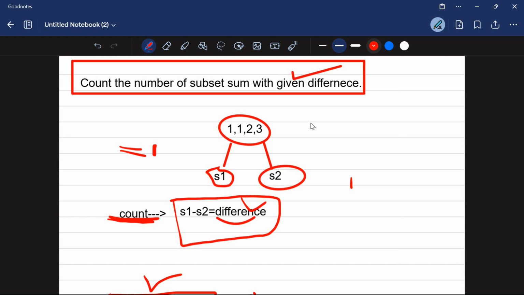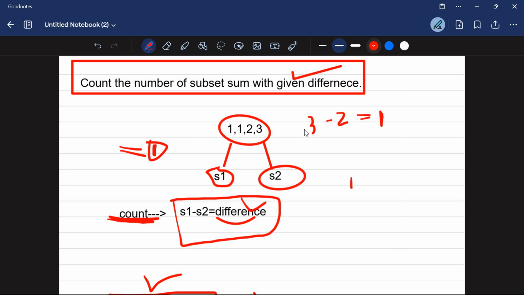So how will we get a minimum difference of 1 from this array? If I get 3 here and minus 2 here, I have 1.